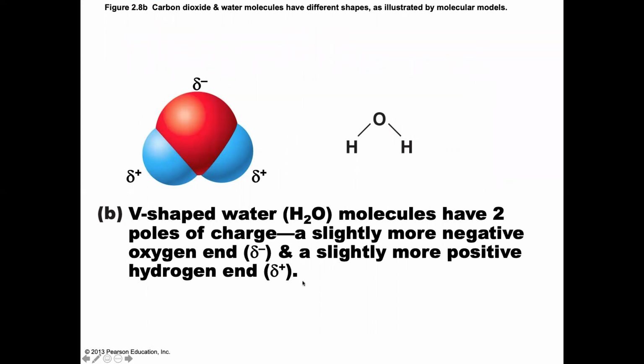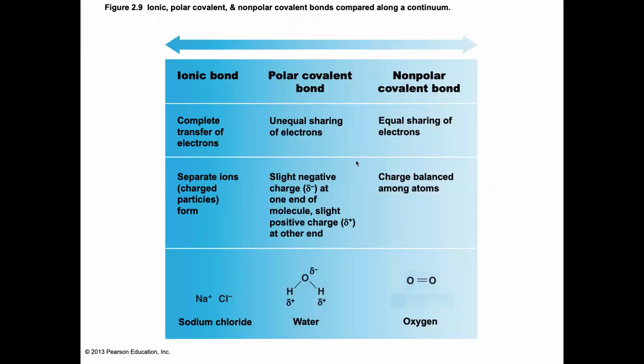So in terms of polarity, right, there's a continuum, right? Ionic bonds are the most polar because they have total charge separation. Then you got polar covalent bonds, and finally, nonpolar covalent bonds, no separation of charge, right?